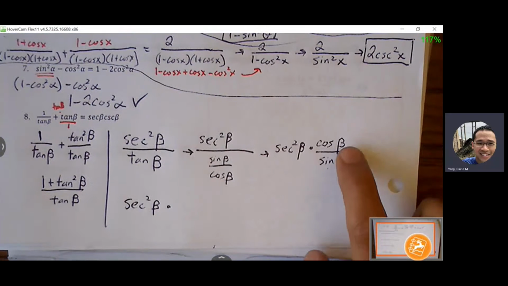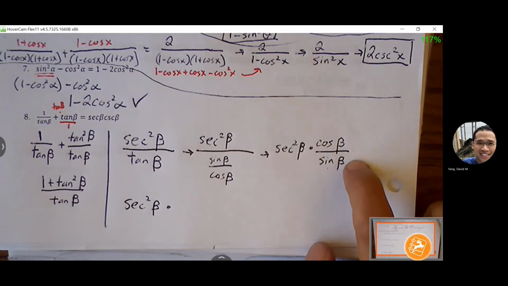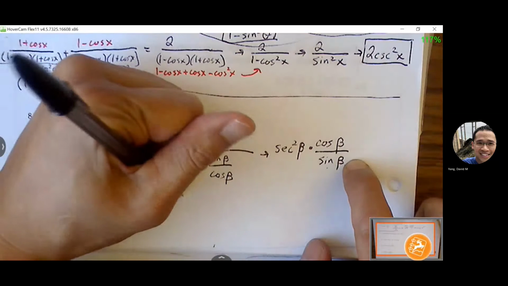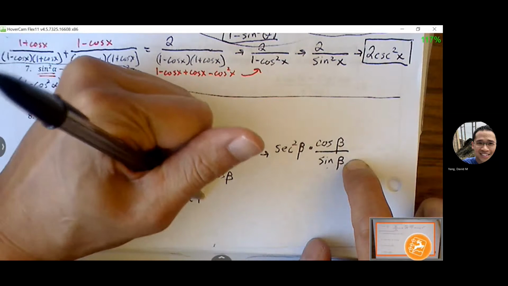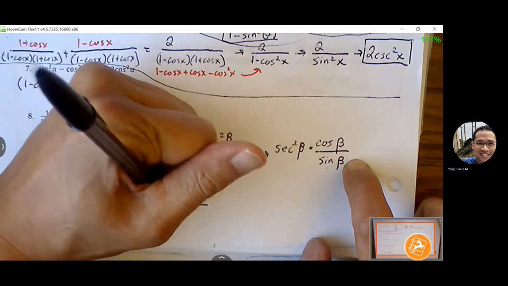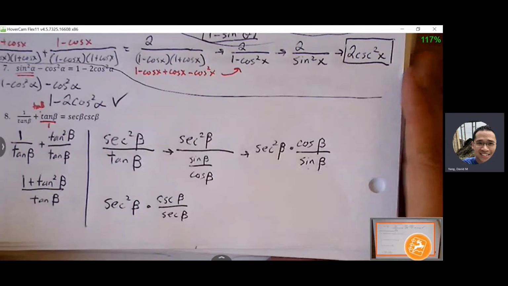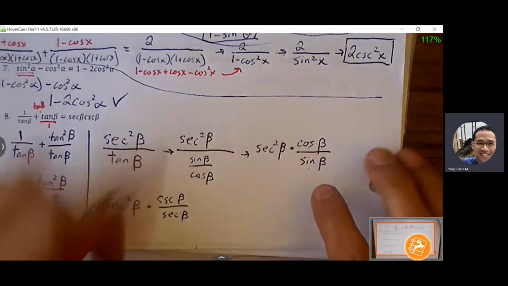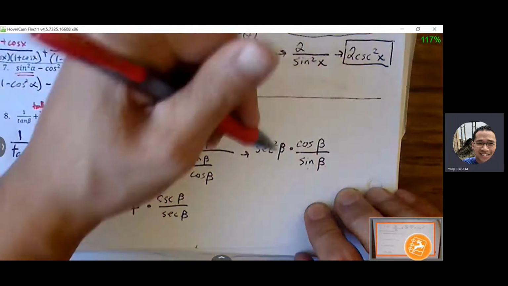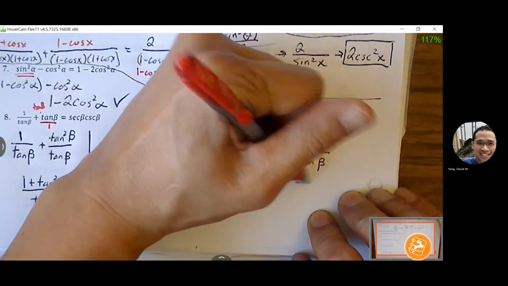Same thing as saying we could do this. If that feels like too big a jump to you, I always think of cosine as secant.